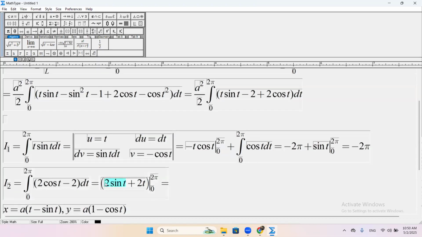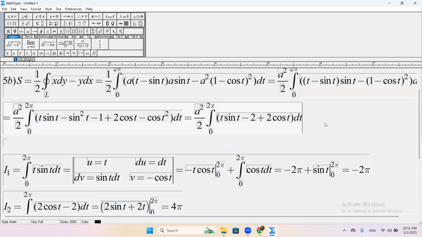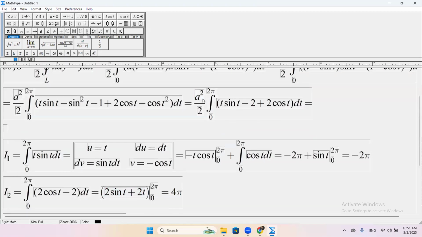So it will be equal to 0. And what do we have here? 4π. So what do we receive? a square over 2 multiplied by 4π minus 2π. So it will be a square π.